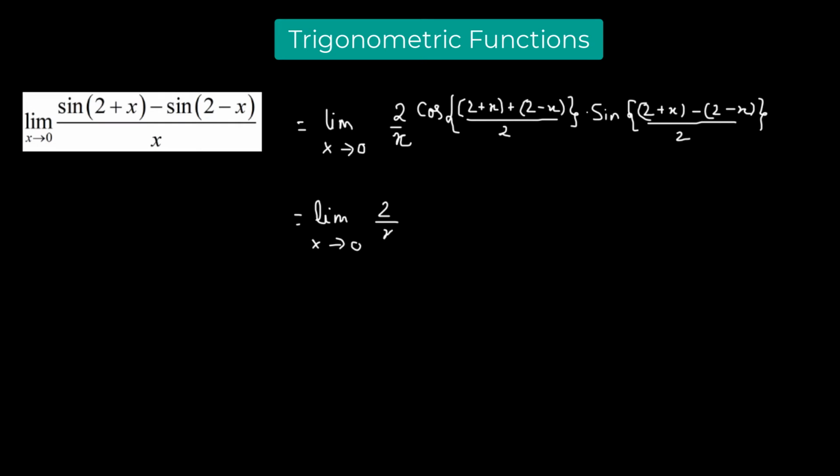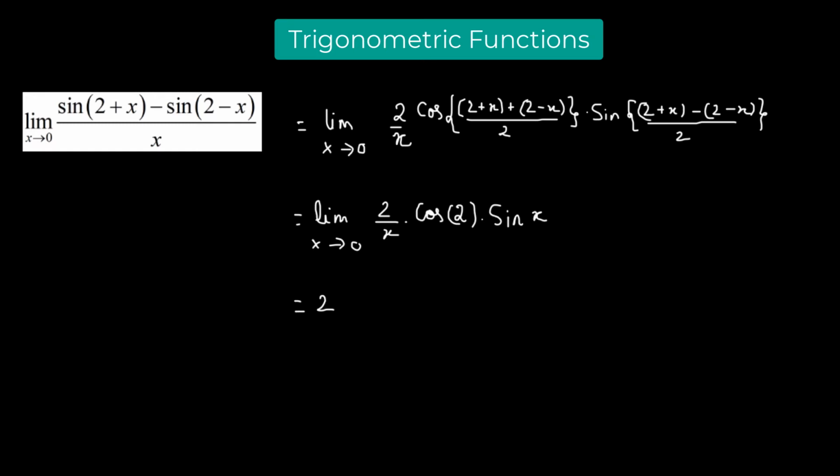2 over x times cos of, so we have 2 plus x plus 2 minus x, so the x and x get cancelled. That leaves us with 4 over 2, so we have cos of 2 multiplied by sin. The 2 and 2 will get cancelled, so we have twice x divided by 2, which will be equal to sin x.